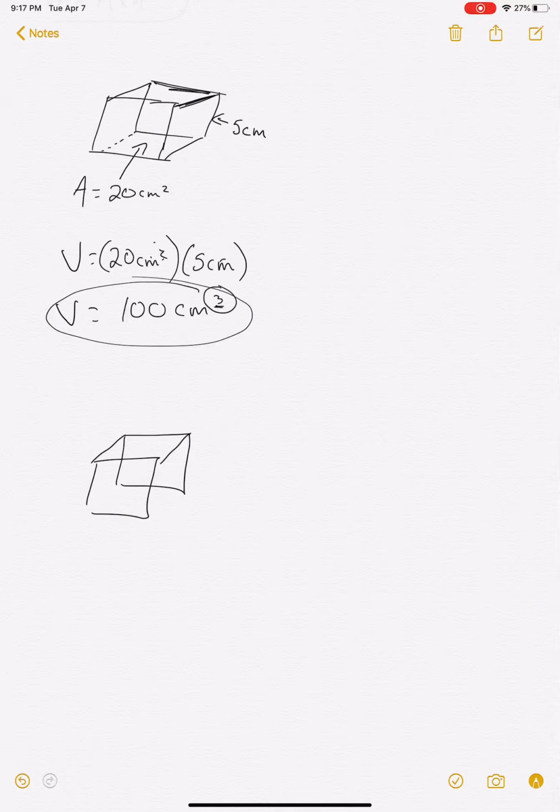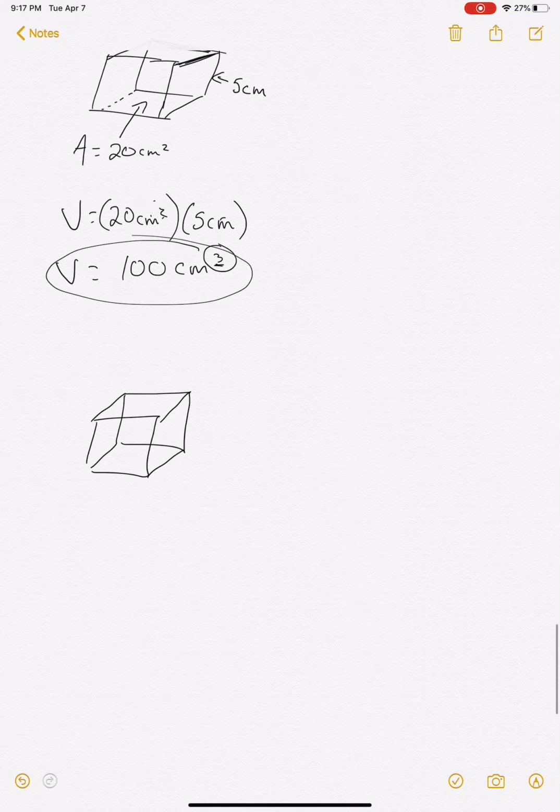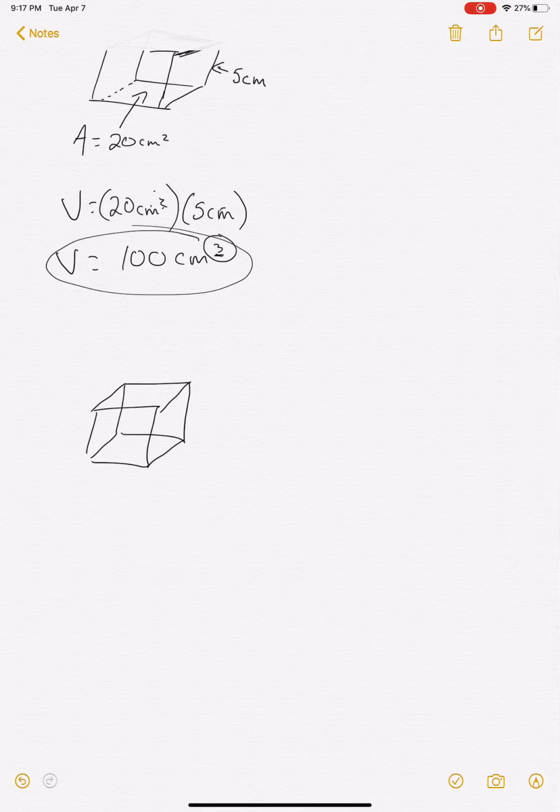So here is our cube, or our rectangular prism. Let's do something a little different. We have this area, let's say it is 32.6 centimeters squared. And then our height, let's say, is 13.7 centimeters. So we know all these numbers.